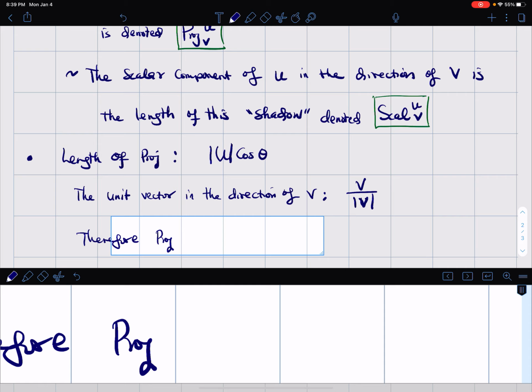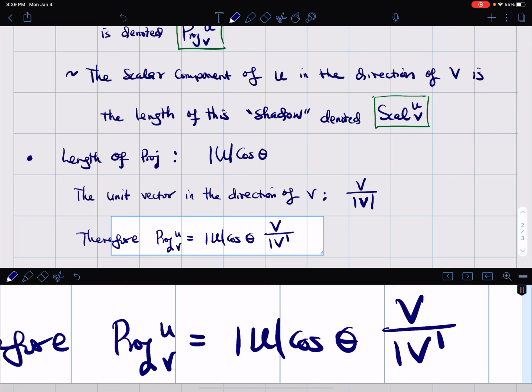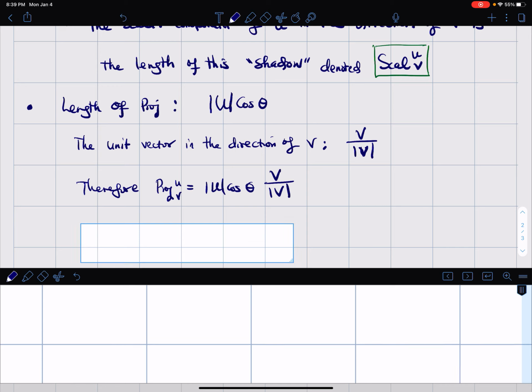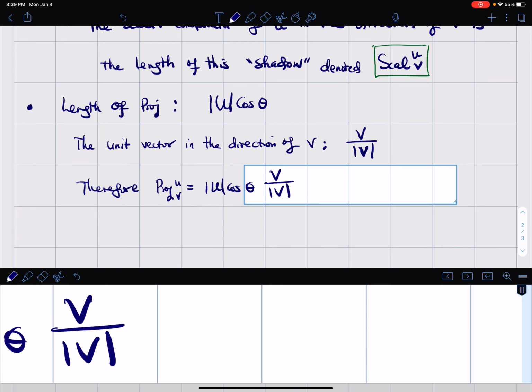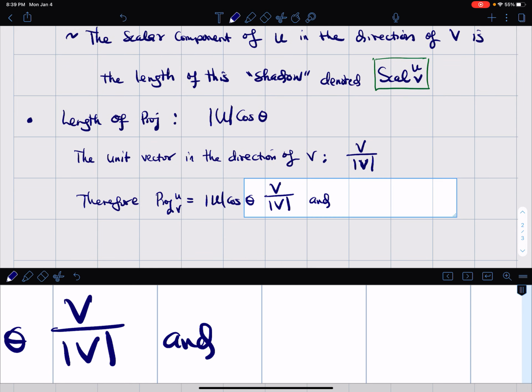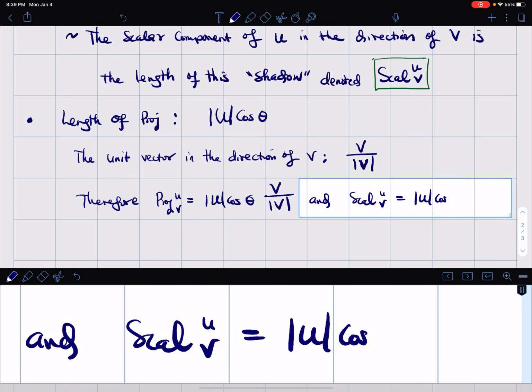So we can write the projection of u onto v as magnitude of u cosine of theta times v over magnitude of v. And the scalar projection, which is just the length we already got, is the magnitude of u cosine of theta.